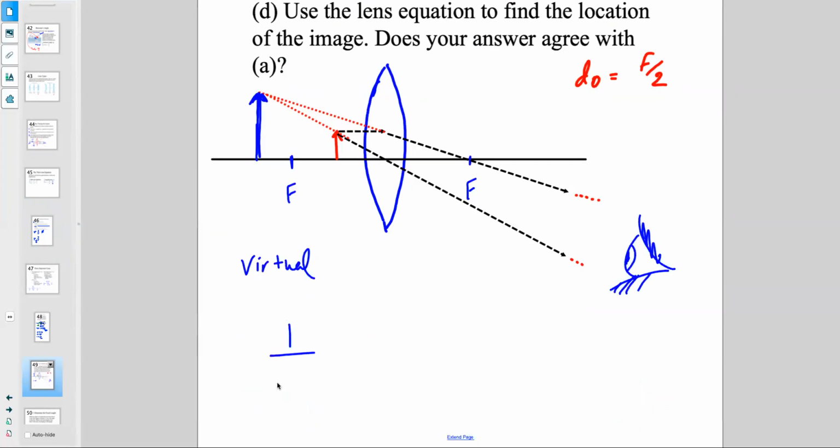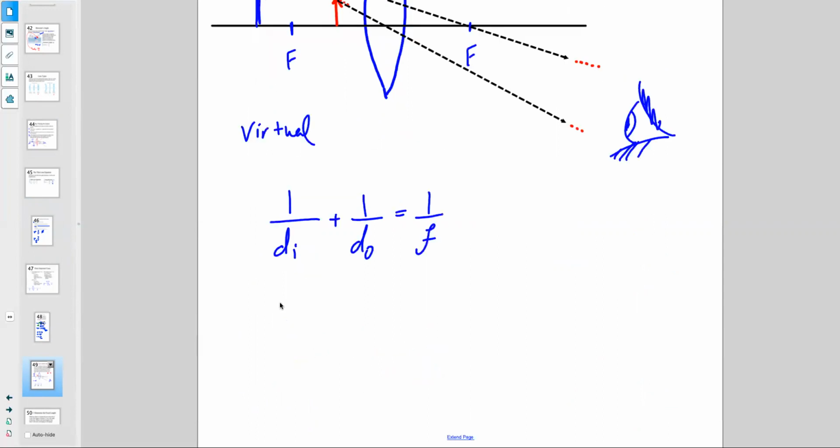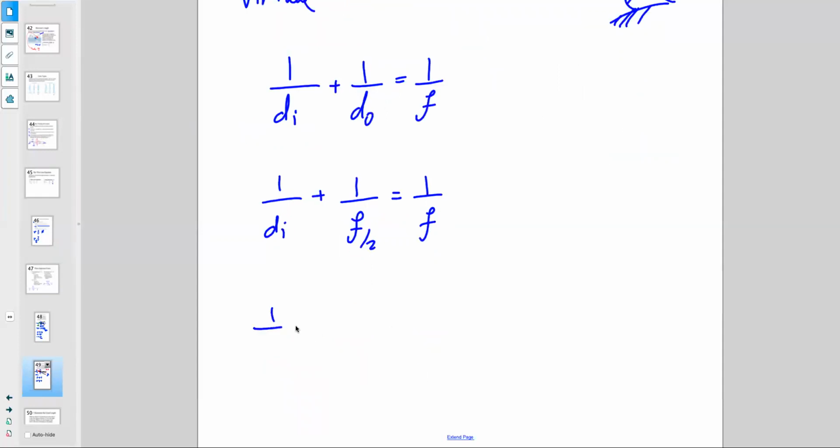Let's do that. 1 over di plus 1 over do is 1 over f. So 1 over di plus 1 over f over 2 is 1 over f. 1 over di is 1 over f minus 1 over f over 2.